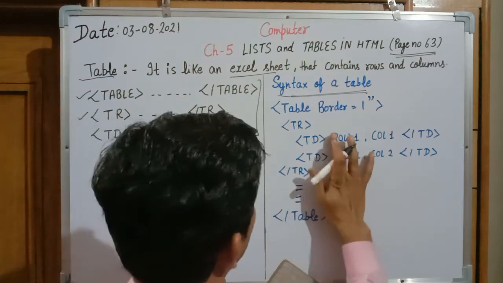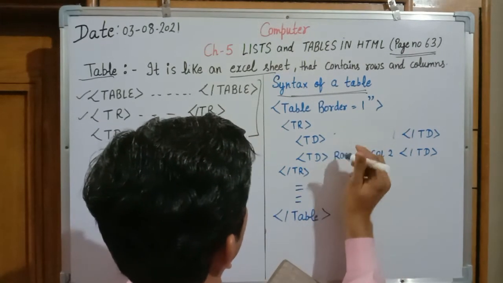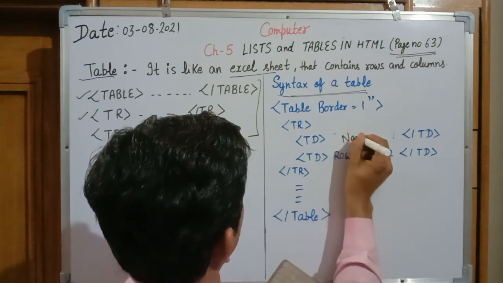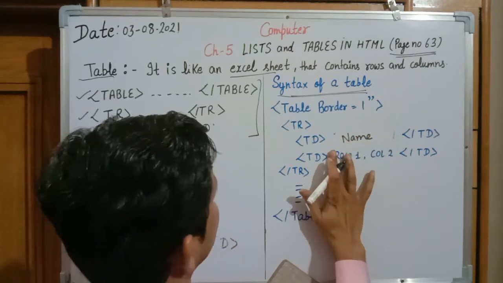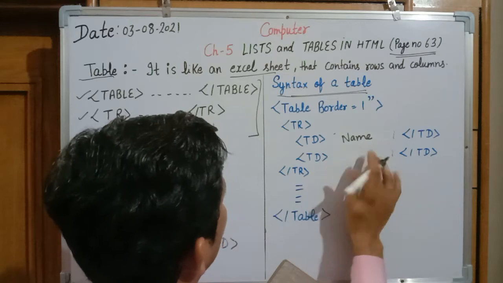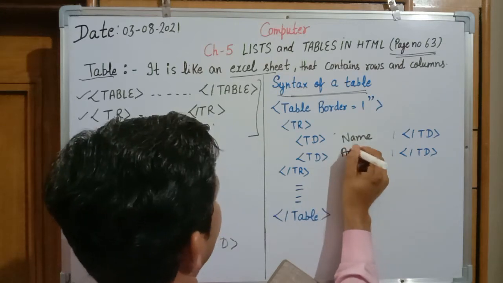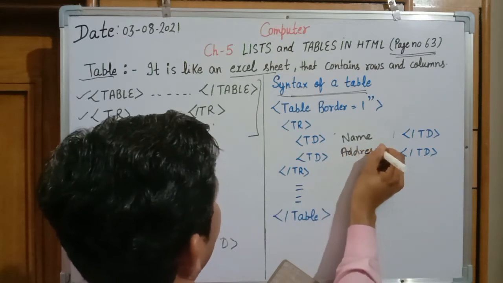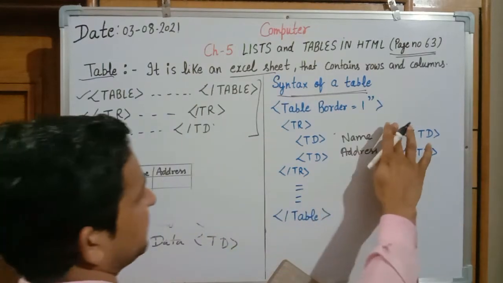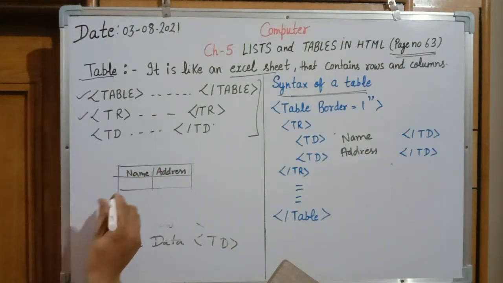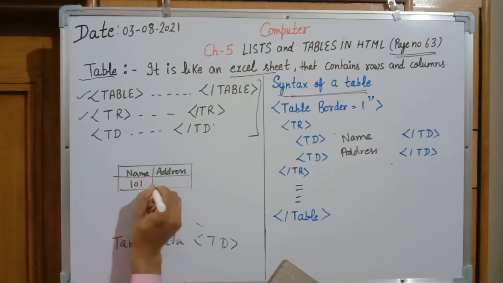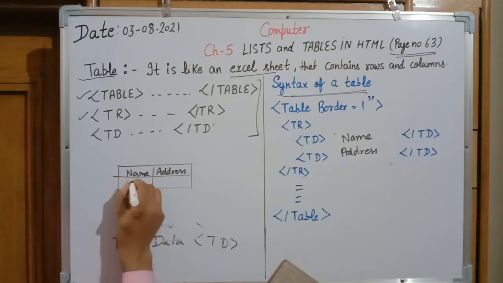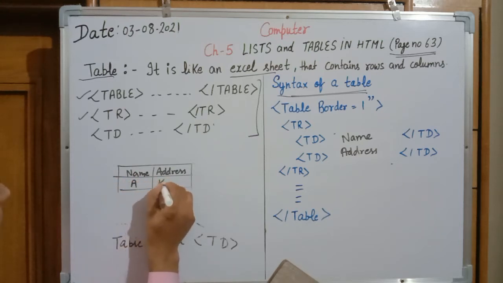The first row is related to name, first row first column, and first row second column, that is address. It is created as the first row. Now I have to create the second row, in which I will give value 101, the name A, and the address Karnal. It is called the second row.